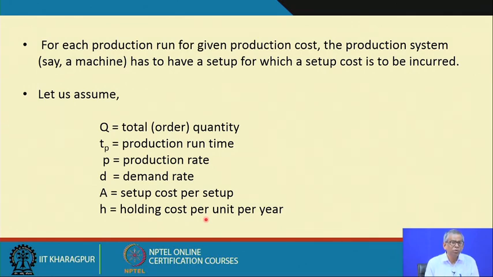Once the production cost or price per unit is known, first you go for the percentage, and then once the percentage is known and once the base price is known, you can calculate the holding cost per unit basis and per year.